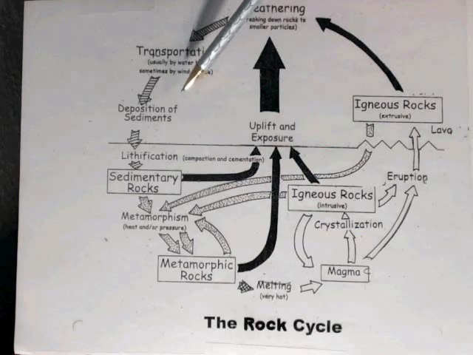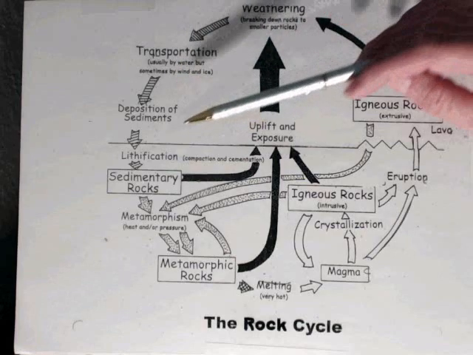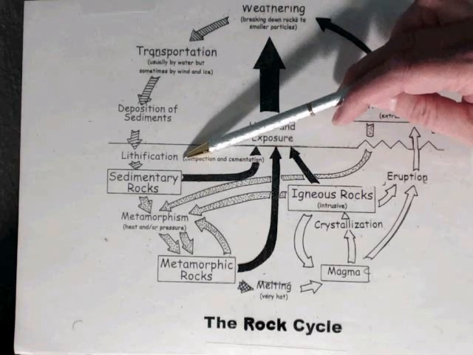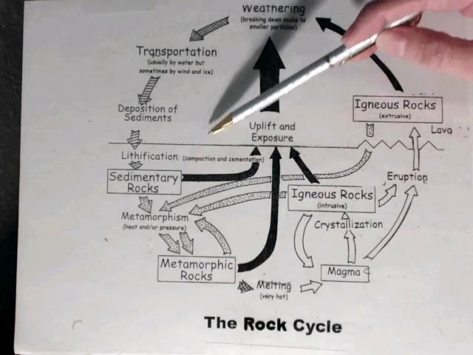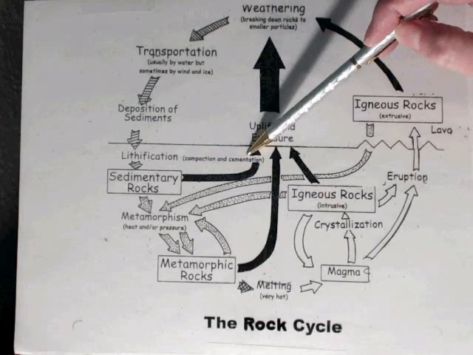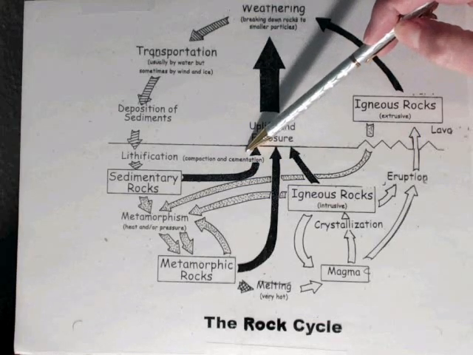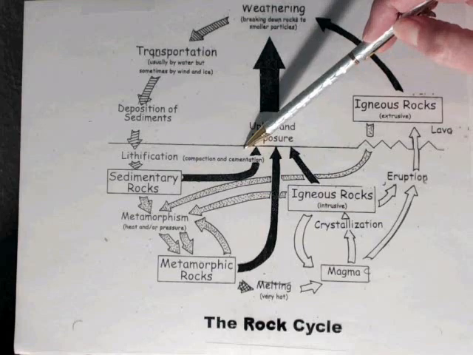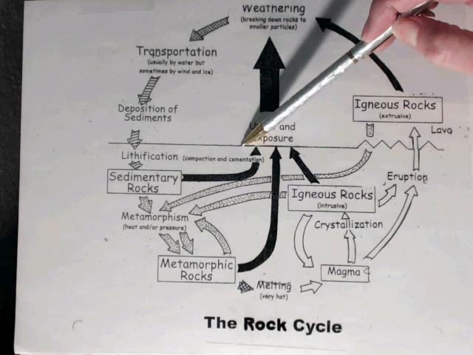To turn it into a rock, you need this process of lithification. So lithification is the compacting, so the pressing down, compaction, and cementation. So cementation is like gluing our particles together. So usually fluids, it could be a silica-based type fluid.